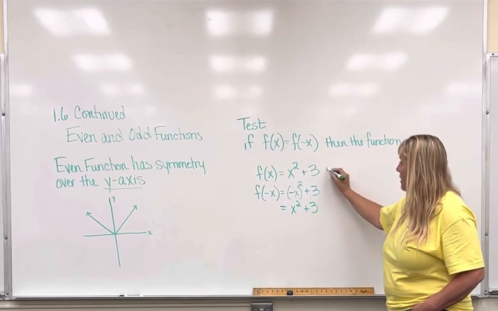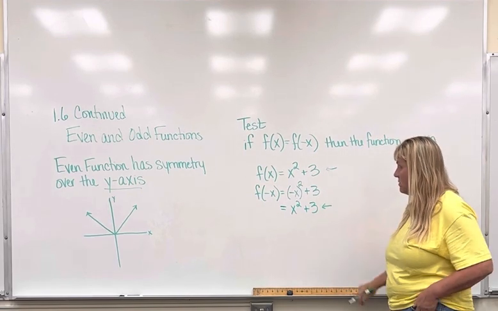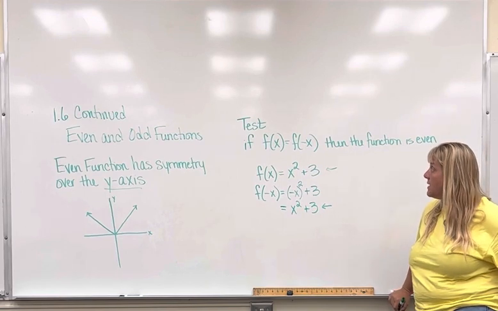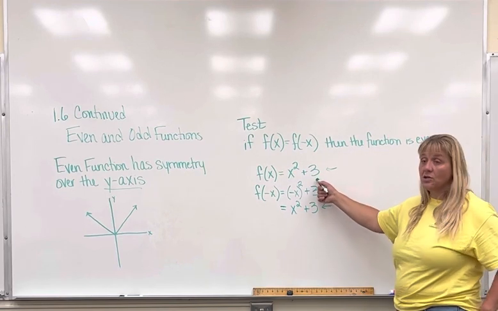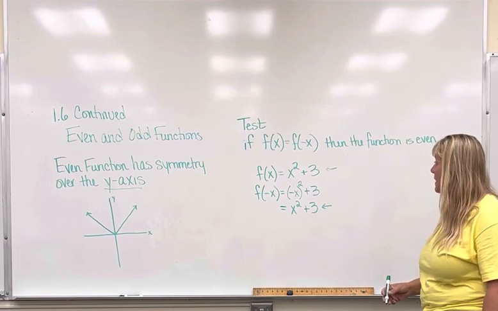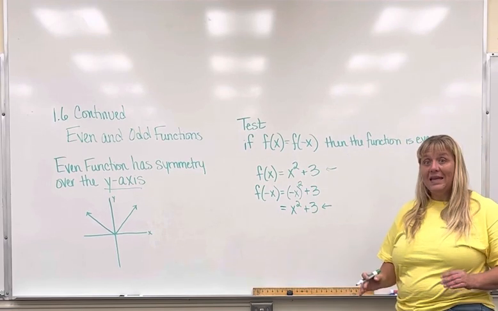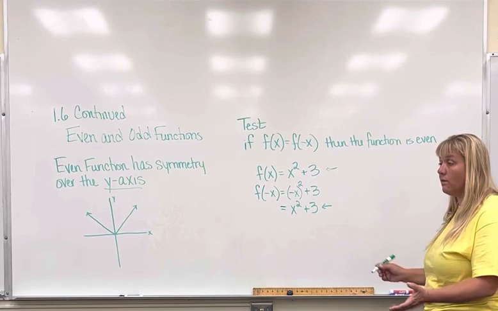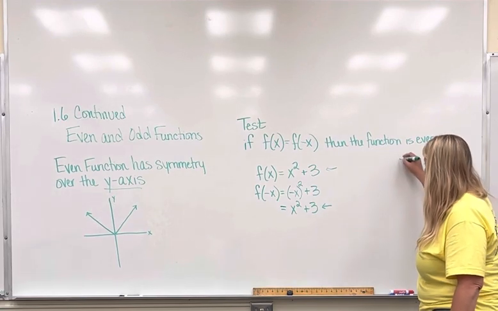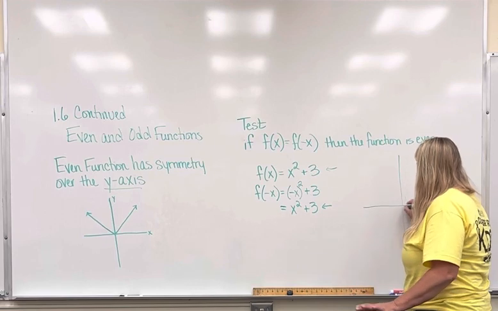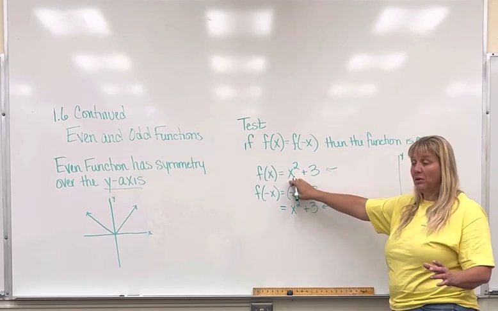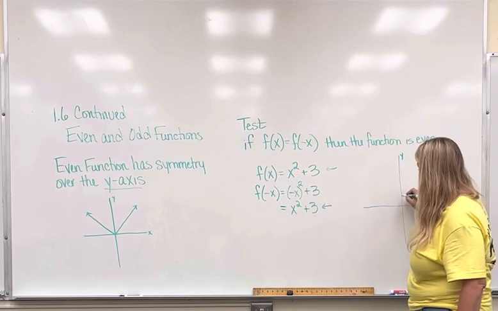Now, do you see how this guy and this guy are the same? So because they're the same, it means that this function, x squared plus 3, is also an even function. It has symmetry over the y-axis. And again, just thinking sketch-wise, the x squared is our parabola, and 3 is just bumping it up 3 units.